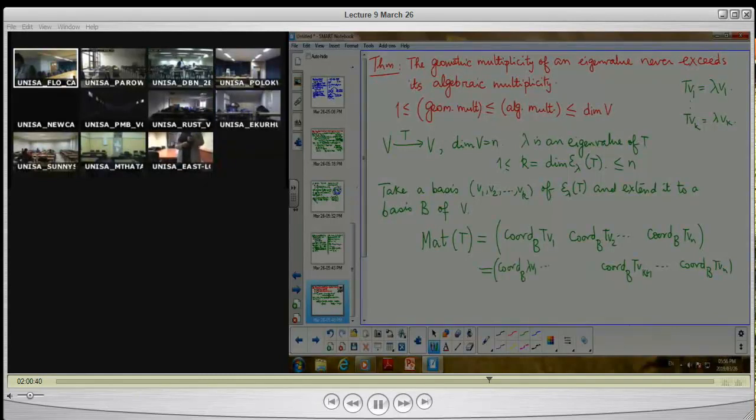The second column would be 0, lambda, okay, and so on. The kth column would have lambda in the kth place. The rest over here are all zeros. So essentially you see that this matrix looks like this.